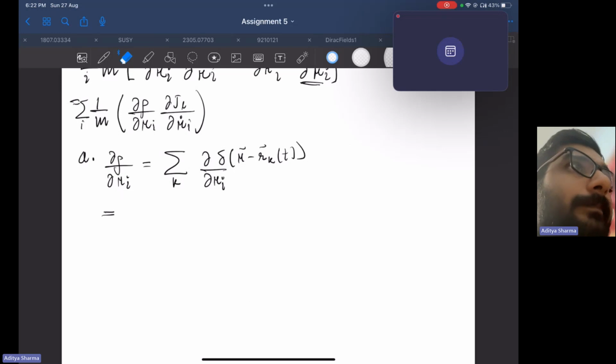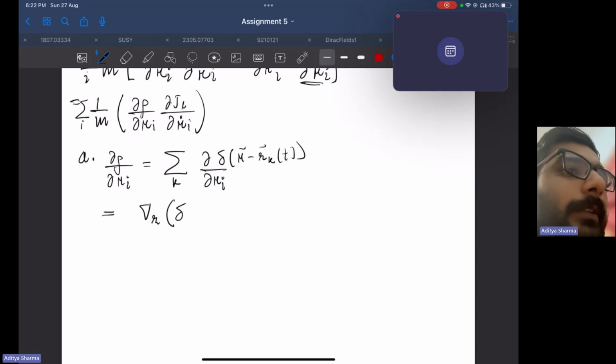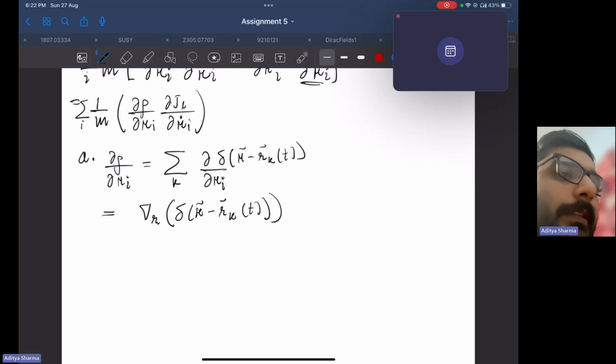So gradient of R_i. So gradient R_i means that let me just take gradient of R and with x over the Dirac delta. Now, when you differentiate this, we want only the ith to survive.